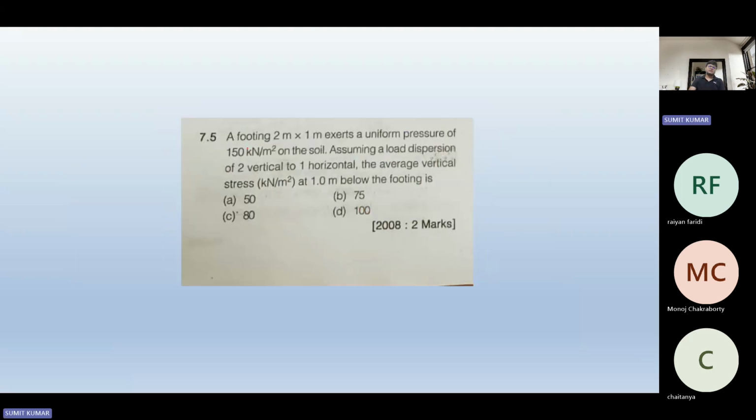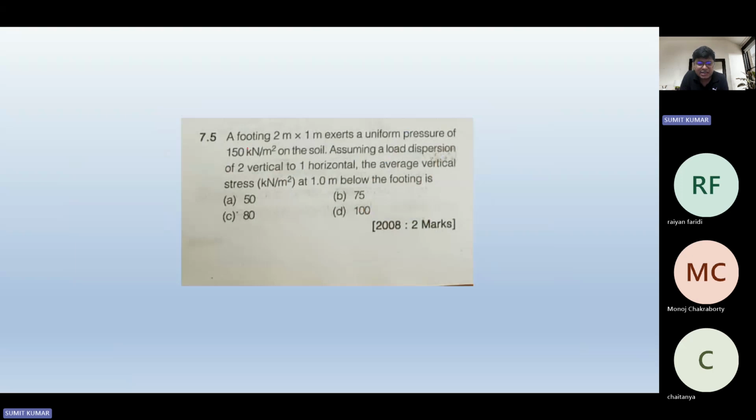Now come to the next problem, in which the question says that a footing, 2 meter into 1 meter, exerts a uniform pressure of 150 kilonewton per meter square on a soil, assuming the load dispersion of two vertical, one horizontal. The average vertical stress in kilonewton per meter square at 1 meter.